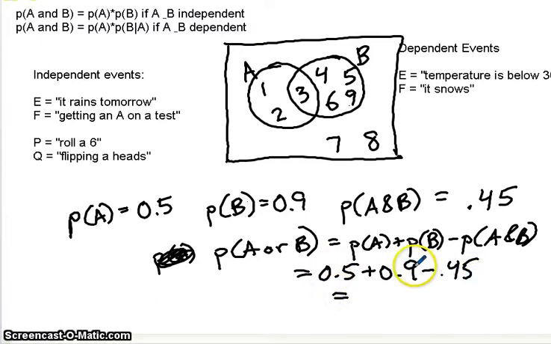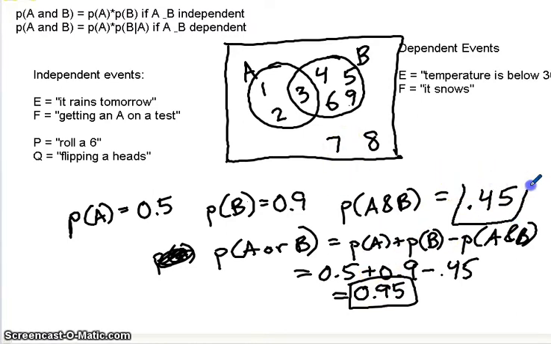This is 1.4 minus 0.45, so this is 0.95. 95% or 0.95 probability that either one of them happens, a 45% probability that they both happen. So that's just a quick example of what I mean by and or events.